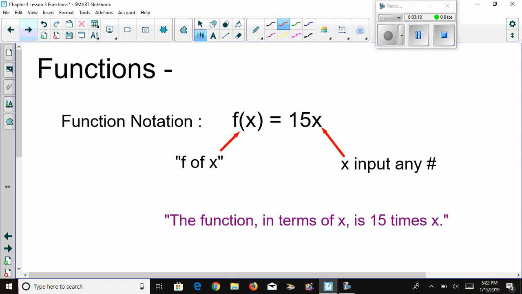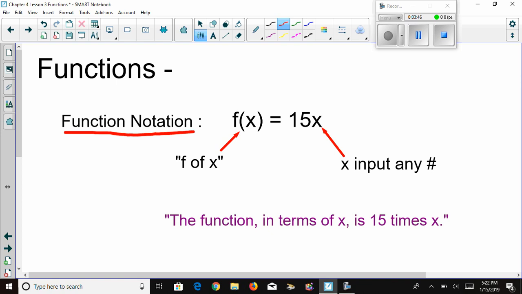So we have what's called function notation, where we have f parentheses x equals 15x. Let's talk about how we actually read that. This says f of x equals 15x.